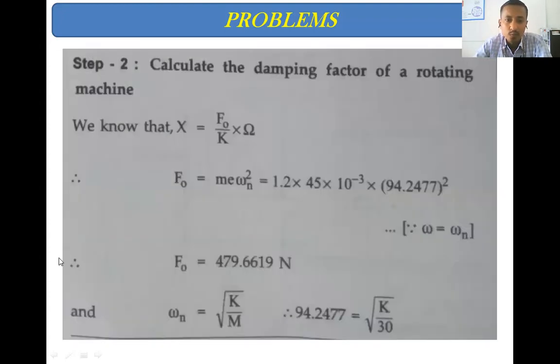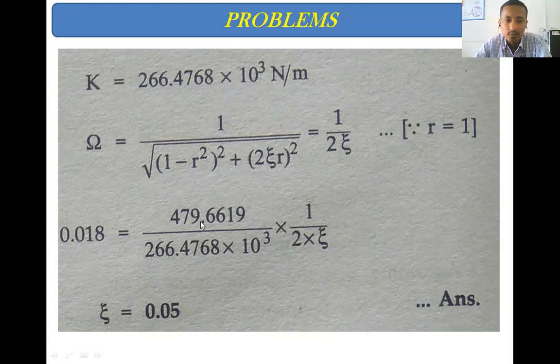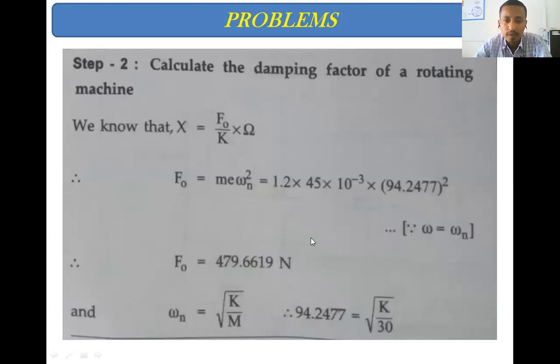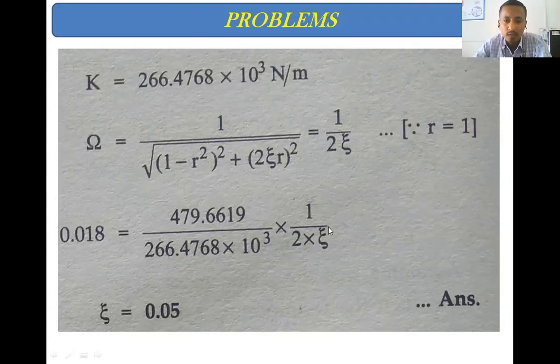So 0.018 meter is equal to F naught by k into omega. Substituting all the values, we will get the value of zeta, that is the damping factor. It has no unit, so it is also called the damping ratio.